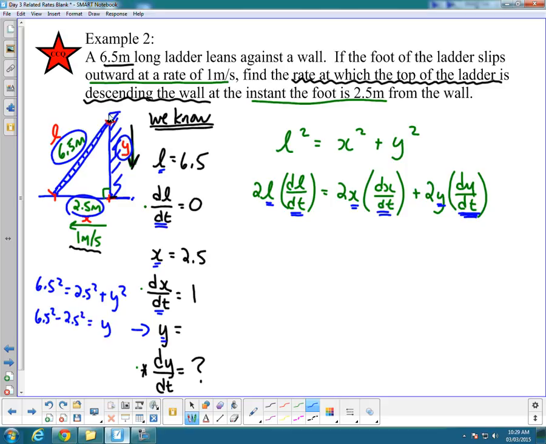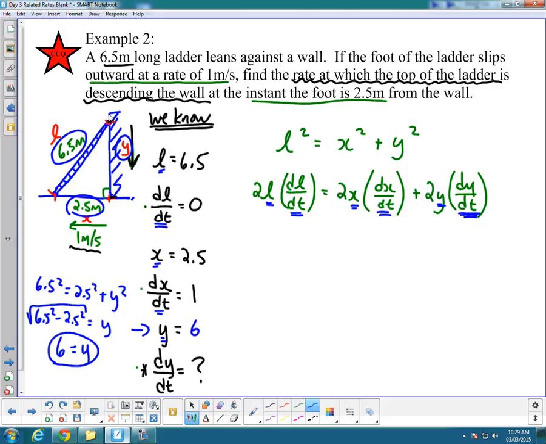That's fine. And it's going to be the square root of that, isn't it? There's going to be a positive and a negative answer. There's no negative here. It doesn't make sense to have a negative y. Off the top of my head, I think 6.5 squared minus 2.5 squared is 36, I think. So I've done that to figure out that y is 6. So apparently at 2.5 meters, it is reaching up the wall 6 meters high.